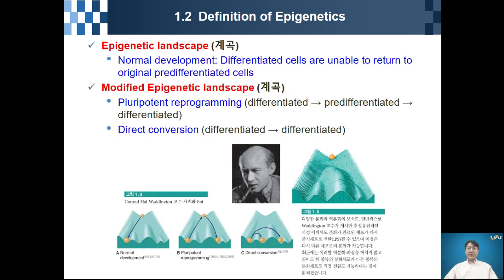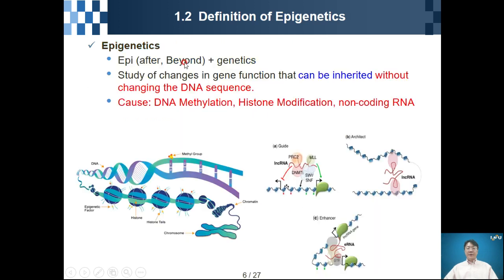In this slide, we will learn about another definition of epigenetics, which we call the epigenetic landscape. During normal development, a lot of epigenetic events happen. DNA methylation and histone modification happen.